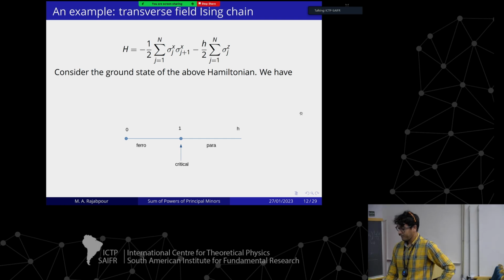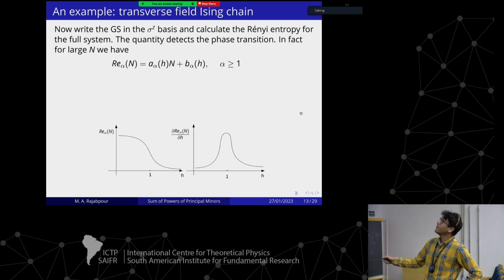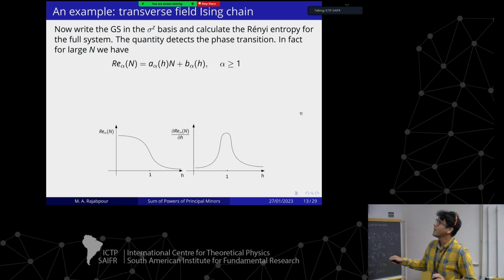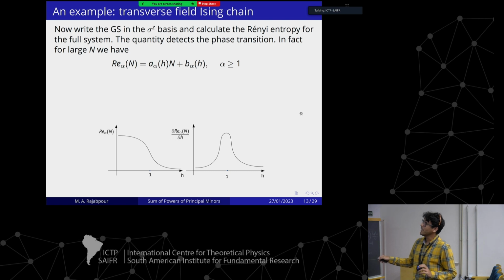If you look at a quantity like this Rényi entropy that I told you about, now I need to fix the basis. Here I'm talking about the sigma z basis, but you can do the same thing with the sigma x basis. The derivative of the Rényi entropy will show some singularity around h equal 1.